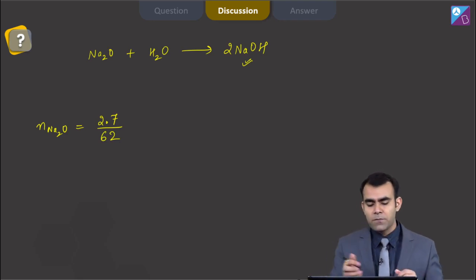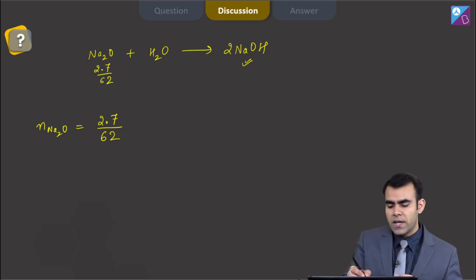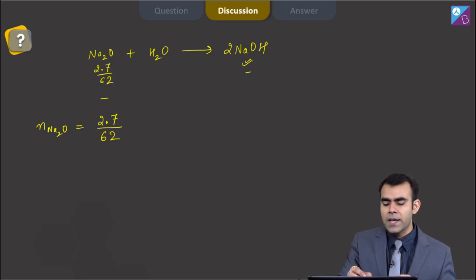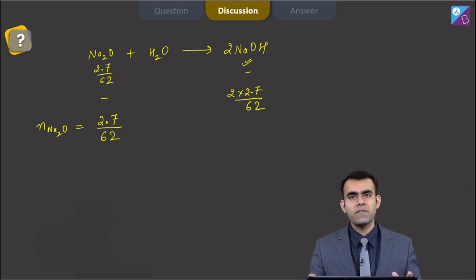So the number of moles is 2.7 divided by 62. This is the initial moles. Initially NaOH is absent, but finally Na2O will be consumed completely and we get 2 times 2.7 divided by 62. So this is moles of NaOH.